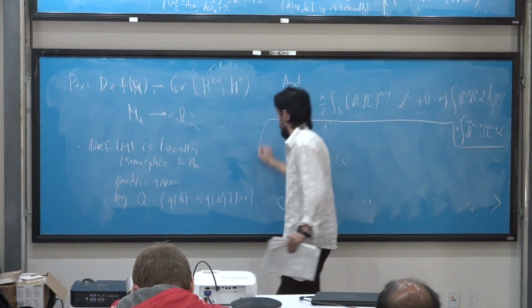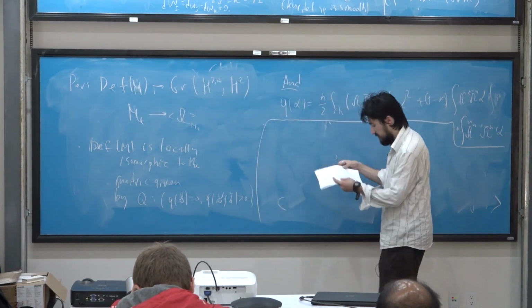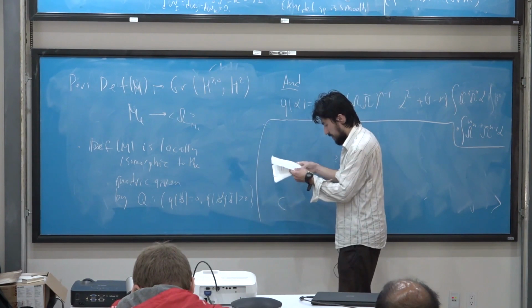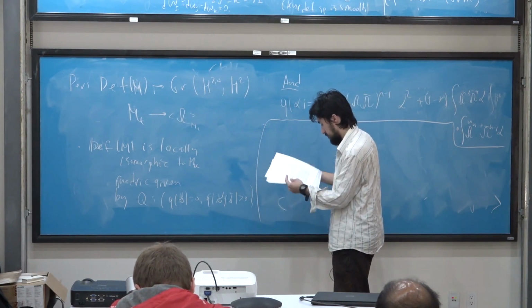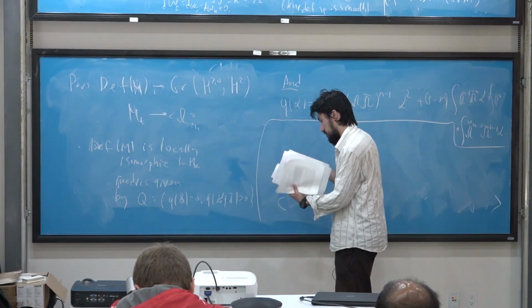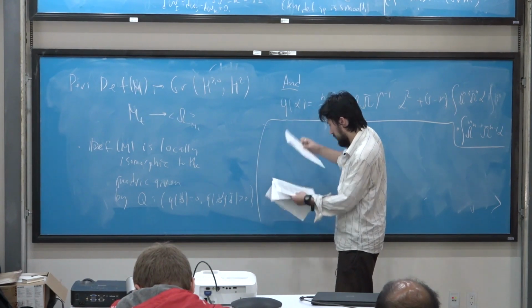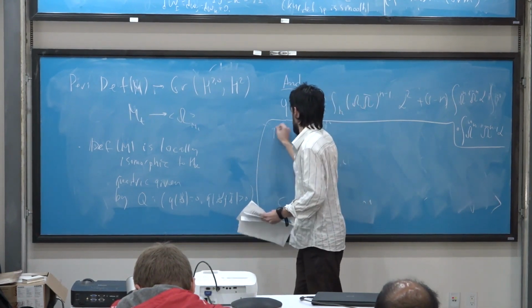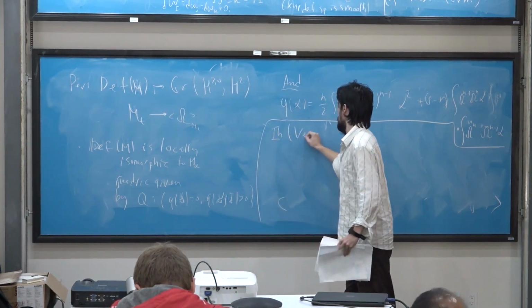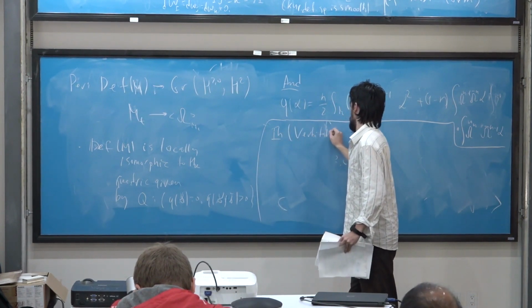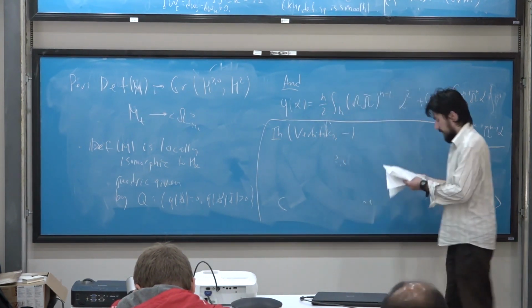Today, like I promised, I'm going to talk about non-Kähler stuff. So let me first start with a theorem. This is joint work with Verbitsky. The theorem is the following one.